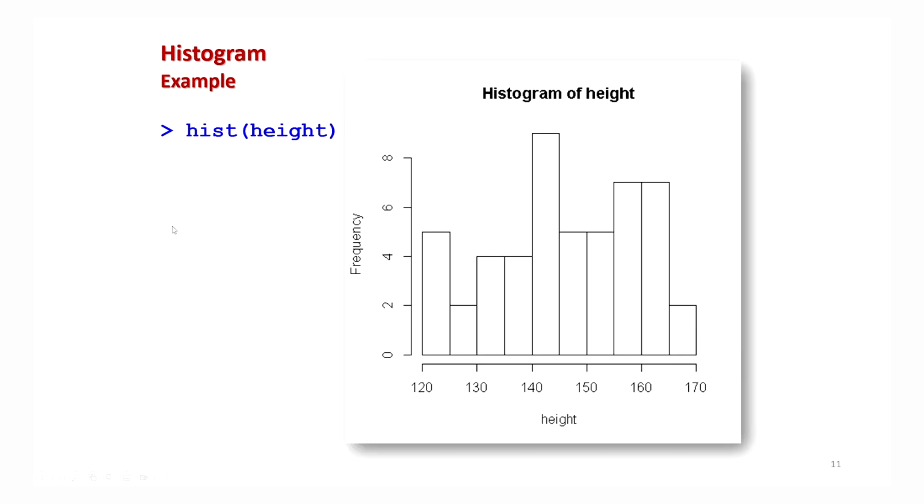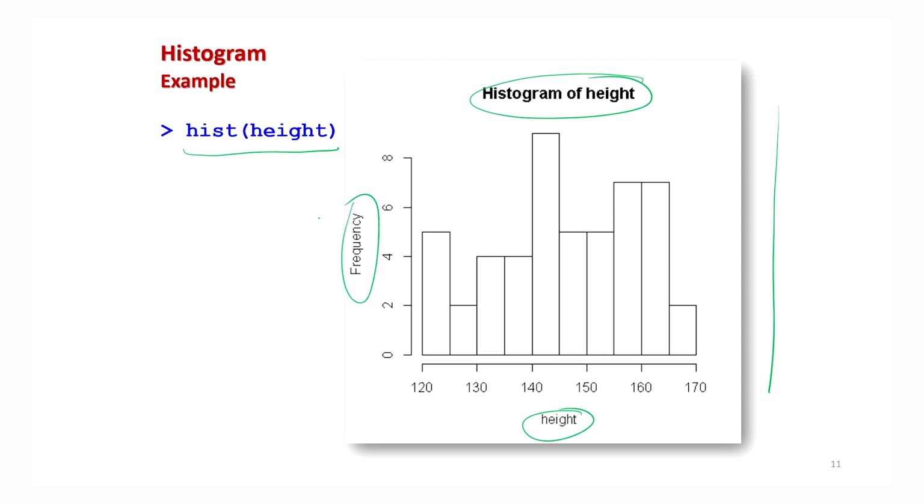Now, if I create the histogram by using the command hist(height), it will look like this. This x label, height, is coming by default, and the title, Histogram of height, is also coming by default. On the y axis, it is using the absolute frequency, right.